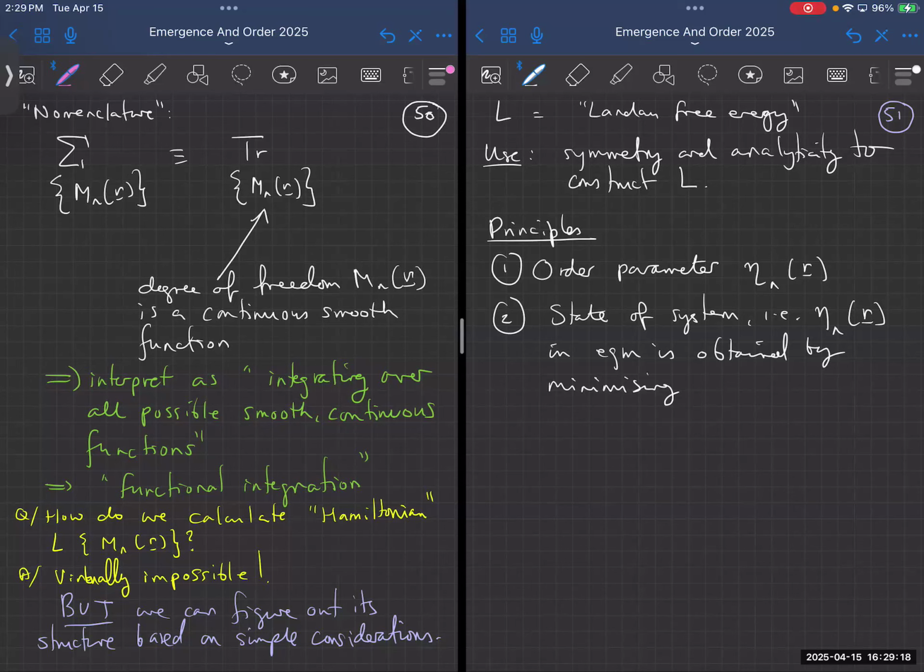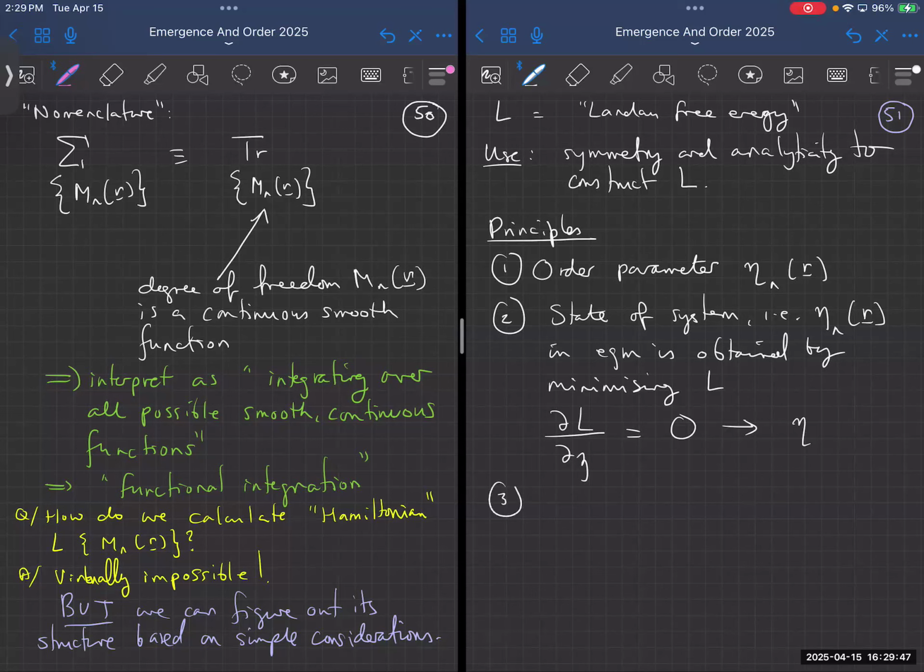In equilibrium at 0 temperature, it would be the energy. If we were at finite temperature, not infinite temperature, but a finite temperature above 0, it would be the free energy. And so here it's obtained by minimizing L, this Landau free energy. So basically dL by d eta is equal to 0. And then once I know that, that gives me the value of eta. Okay, so that's going to be the idea.